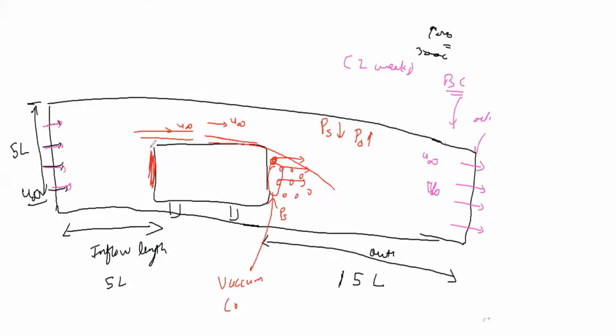So what is this? Here it is a high pressure because this is a stagnation zone, a high pressure zone. Here, because of this, a vacuum, a void is created, and this is a low pressure region now.